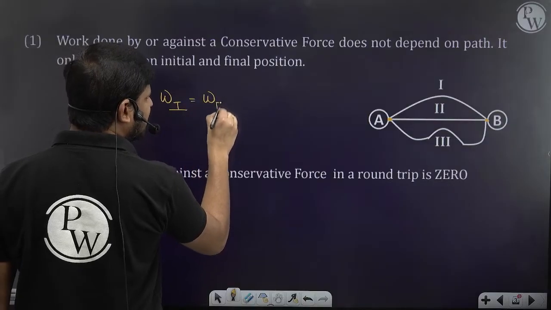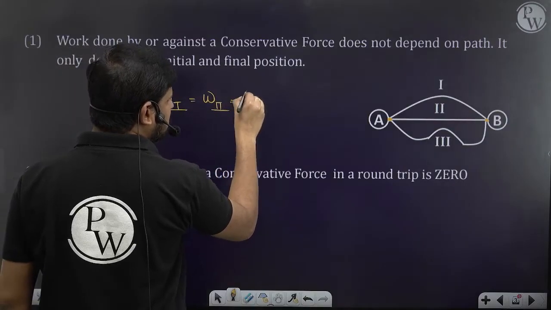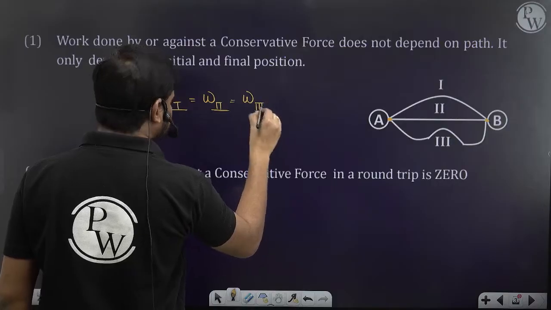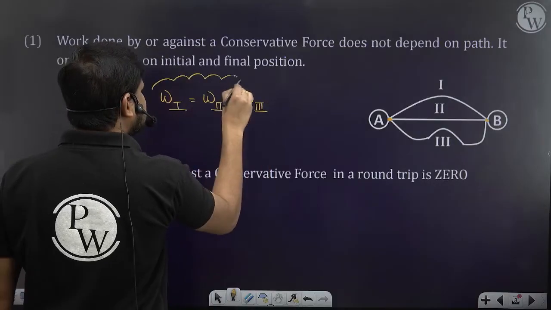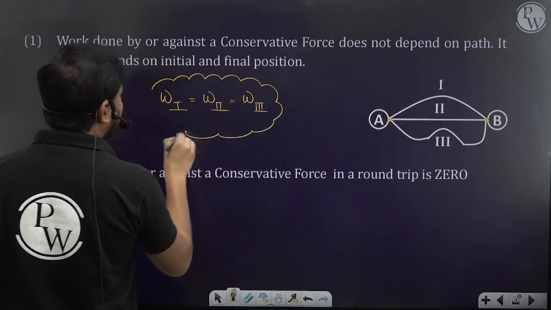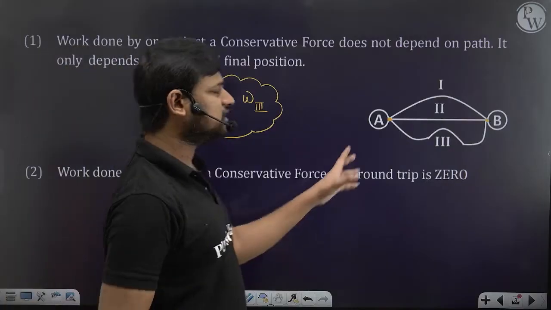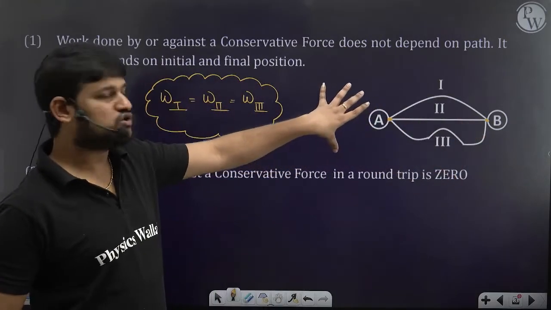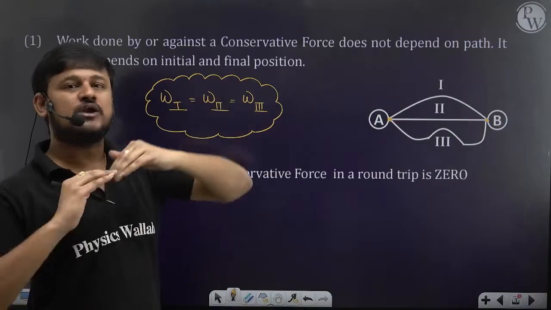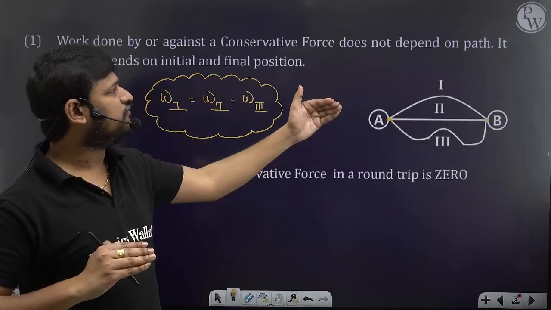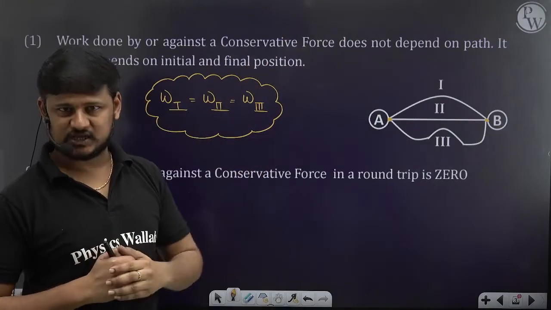So the work done in path 1 is equal to the work done in path 2, which is equal to the work done in path 3. It just depends on the initial and final position, not on the path. This force is called a conservative force.